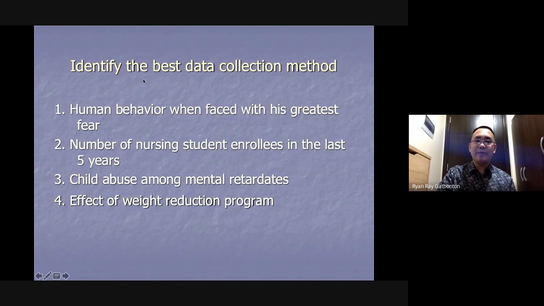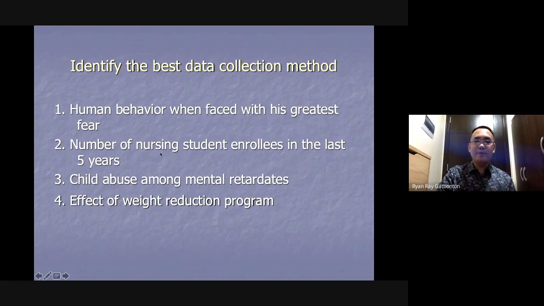So I try to identify the best data collection method for these situations. Number one, human behavior when faced with this greatest fear. The data about this one can be best collected by an observation.